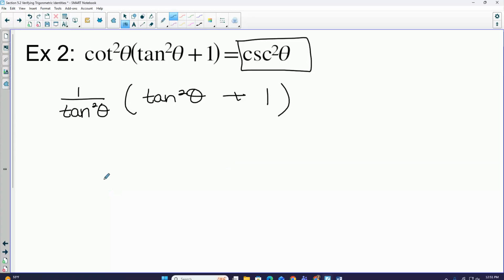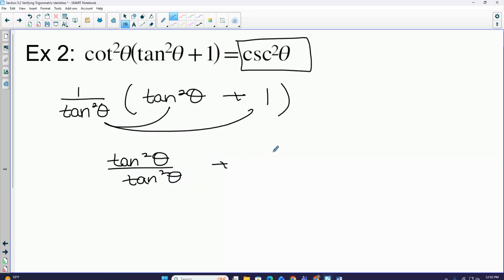So at least 3 different options for where you could start on that. All right, so now if I distribute, 1 divided by tangent squared times tangent squared. Okay, and then multiply these, those get 1 over tangent squared theta. What's tangent squared divided by tangent squared? What is the reciprocal of tangent? Okay, what is 1 plus cotangent squared theta? Cosecant squared theta.